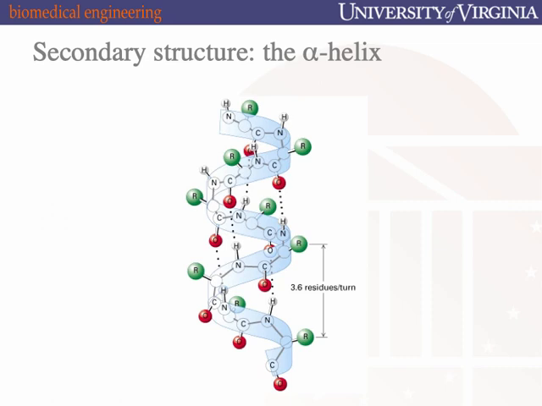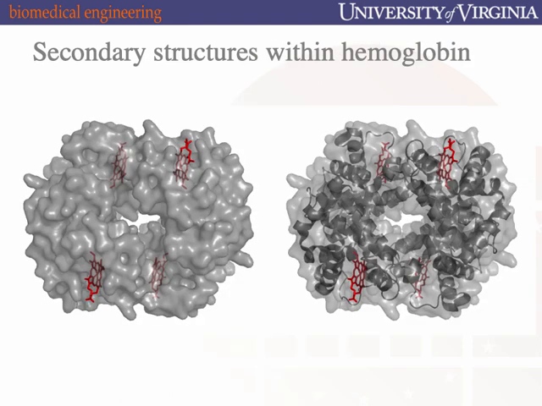The shorthand, which is just as useful from the perspective of structure determination, is to just do a ribbon with the alpha helix. And I say, okay, that's an alpha helical region. That's what's on the right-hand side there. Alpha helices all over the place inside the protein, dominated by that type of secondary structure for this protein, all the chains.